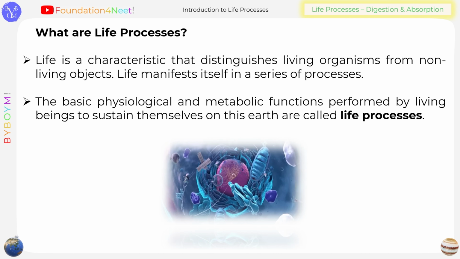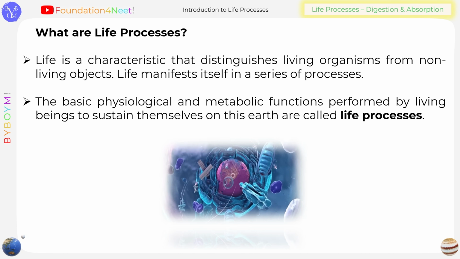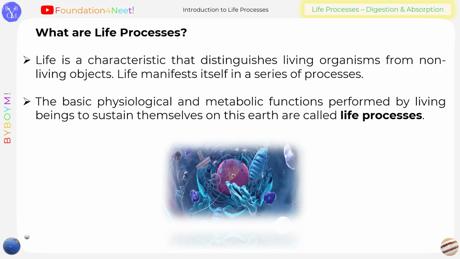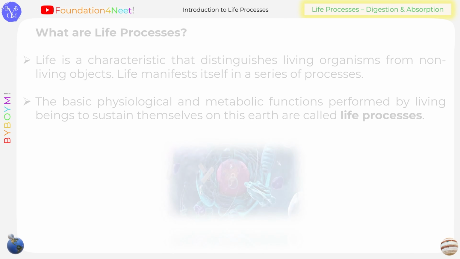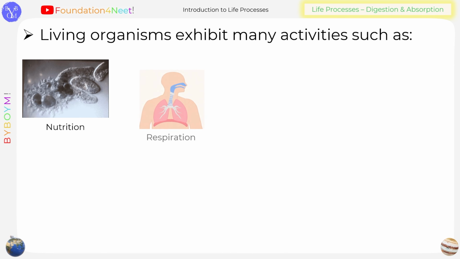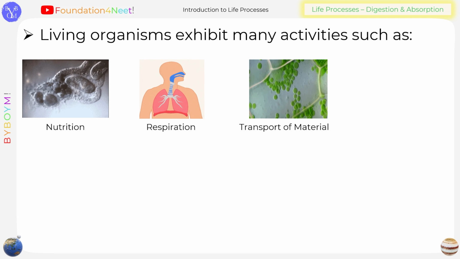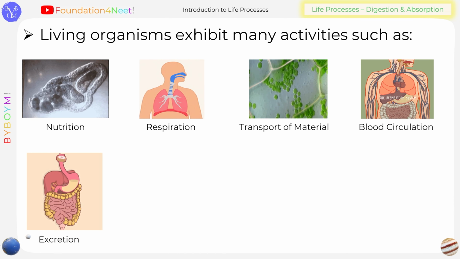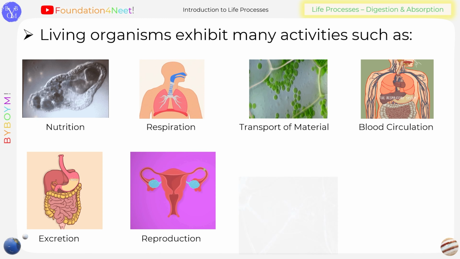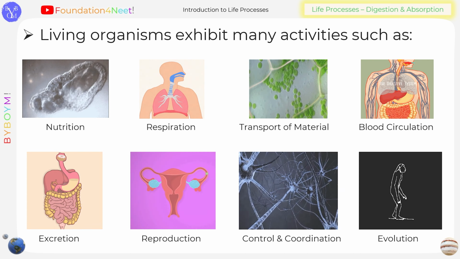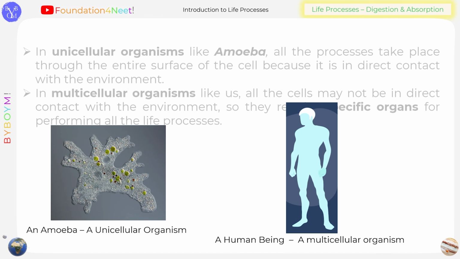The basic physiological and metabolic functions performed by living beings to sustain themselves on this planet Earth are called life processes. A variety of processes such as nutrition, respiration, transport of material, and in higher organisms blood circulation, excretion, reproduction, control and coordination, and evolution are exhibited by living organisms.